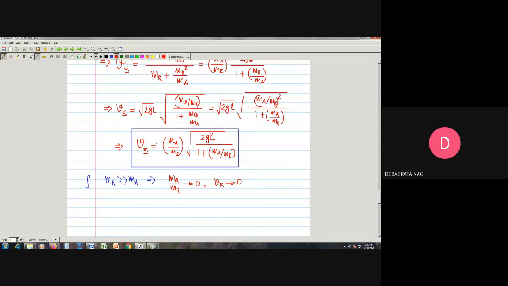So we see that this is going to be my velocity of the block B, and the sense of this velocity will be obviously towards your right side. Why is it so?